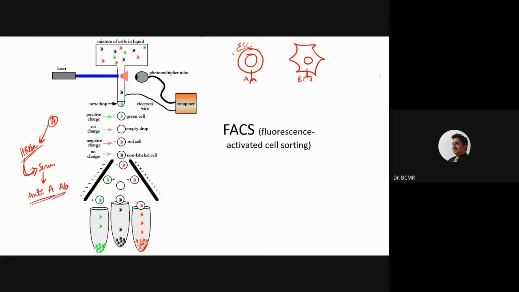If you want to generate antibodies against B, you would inject antigen B protein into the horse. In some days, the horse will generate antibodies against B, which are called anti-B antibodies.